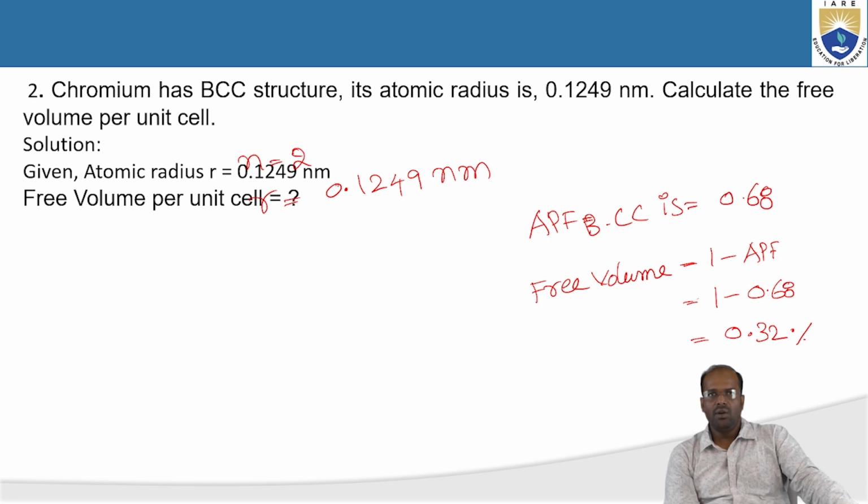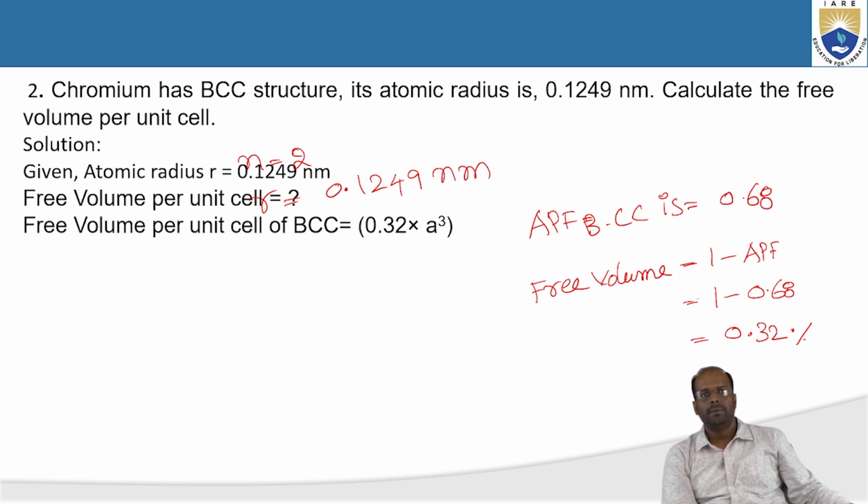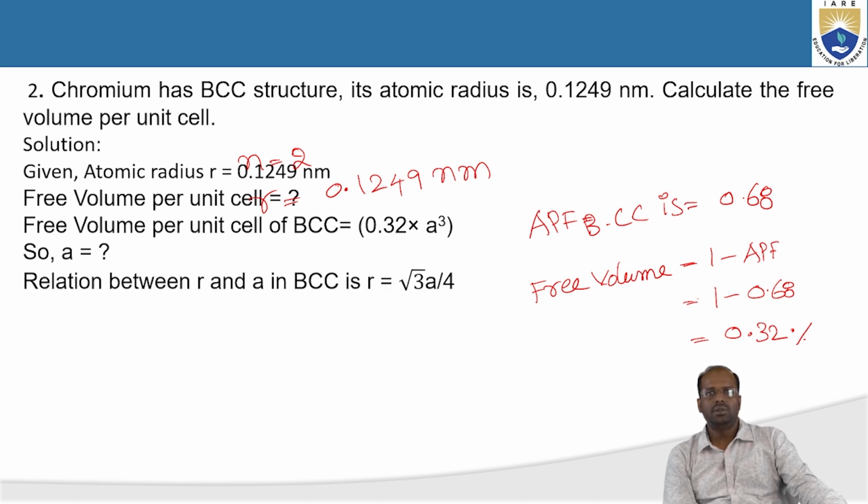To use this value, see the slide. The free volume per unit cell of the body centered cubic structure is 0.32, and the atomic radius R is 0.1249. So we first need to calculate the lattice constant a. What is the relation between atomic radius and lattice constant for a body centered cubic structure?